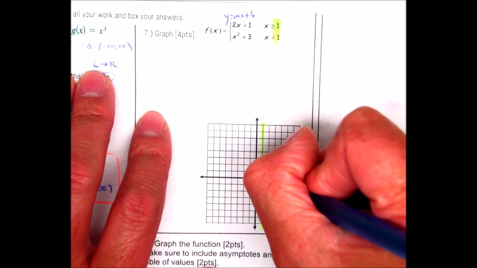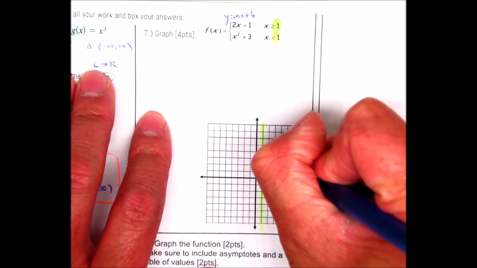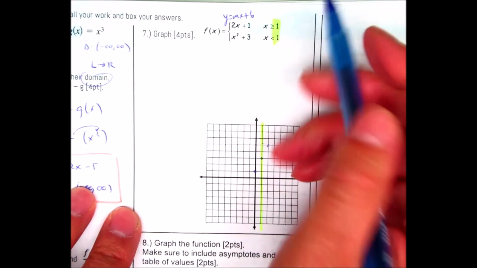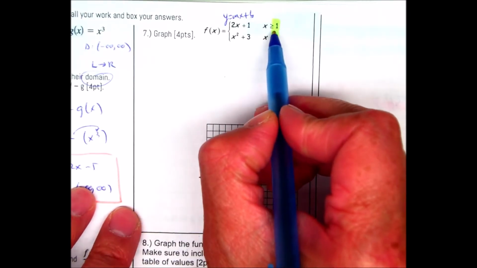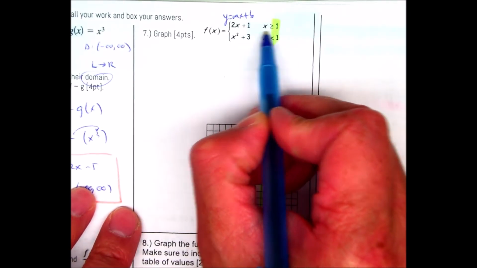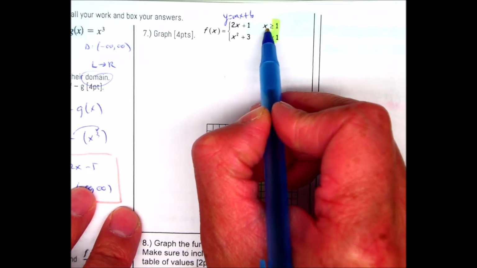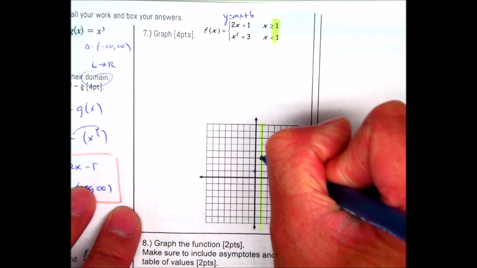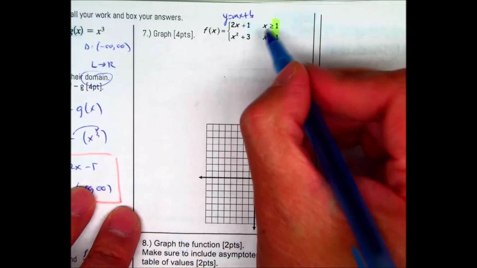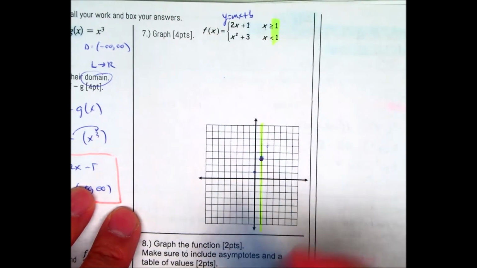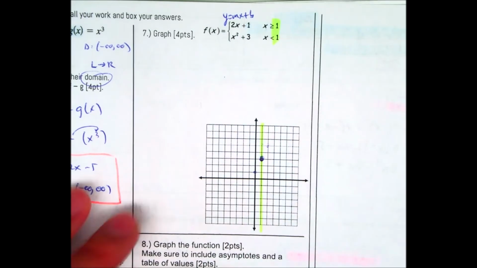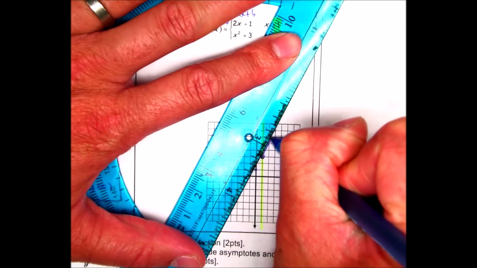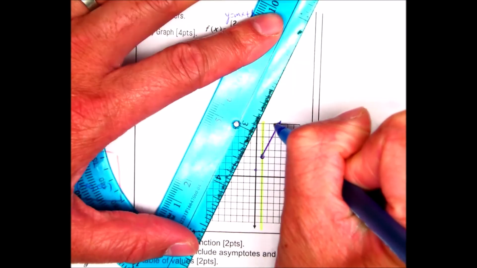That means rise 2, run 1, rise 2, run 1. Now the restriction in the domain tells us x is bigger than or equal to 1, so on the x-axis that goes to the right side. My graph's going to look something like that.